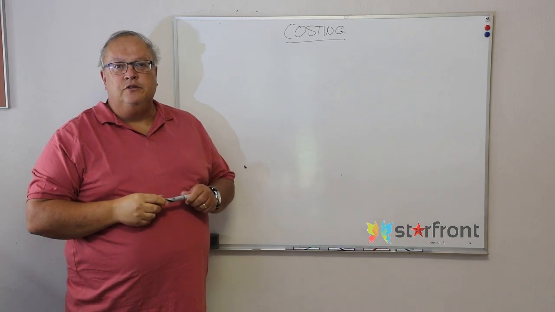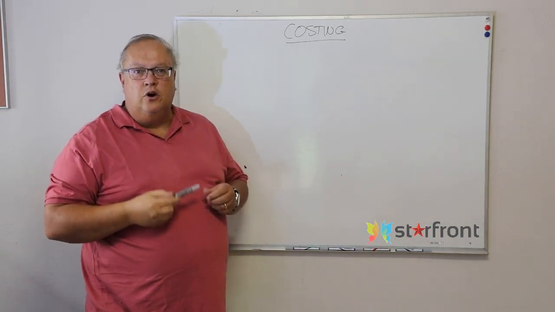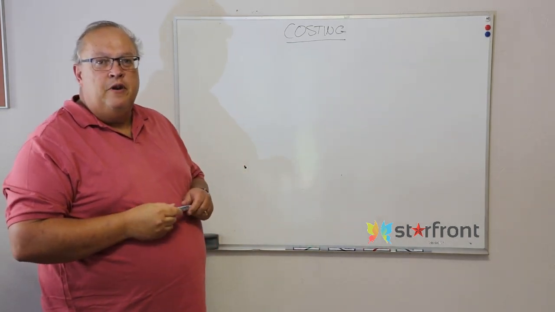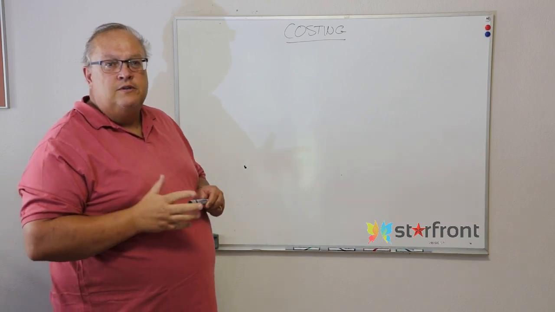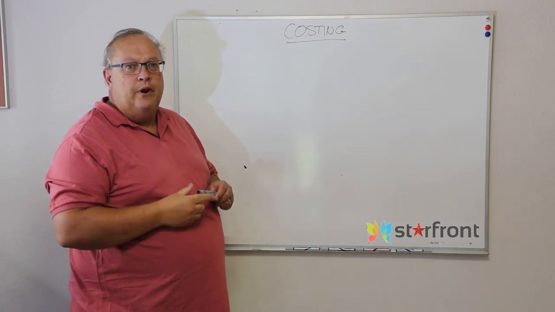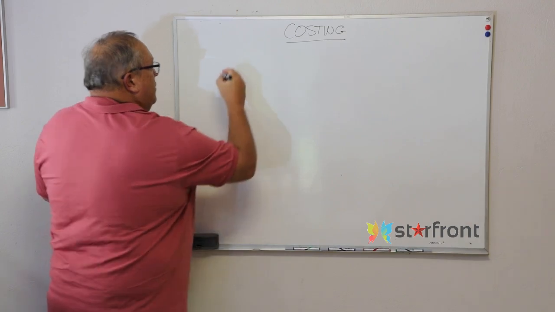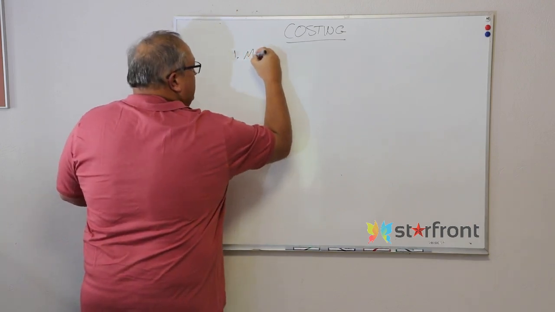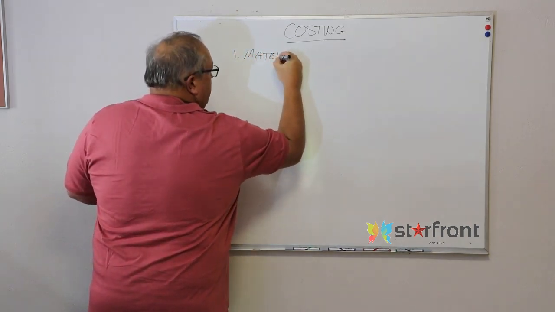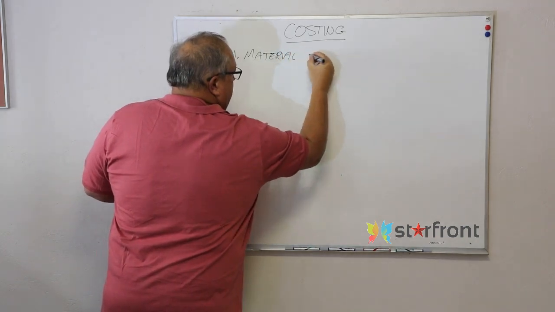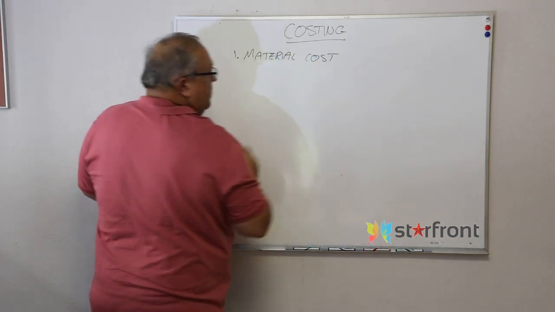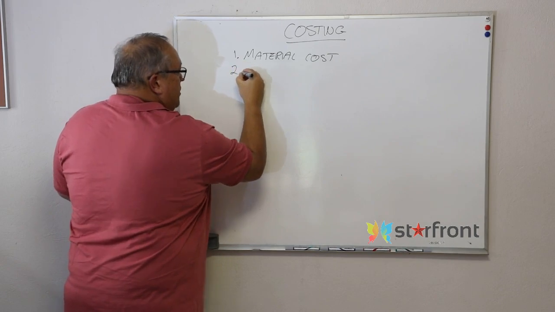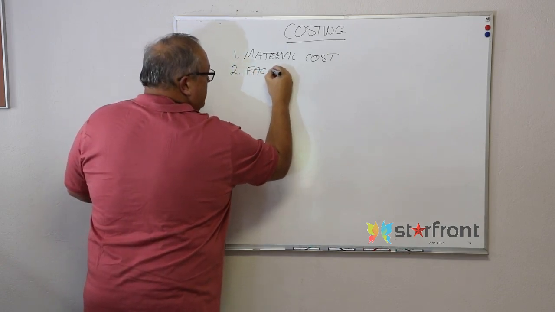In the aluminium industry, for you to calculate the cost of your product that you are manufacturing, you have to consider three primary entities. Number one, the material cost. Number two, the factory cost.